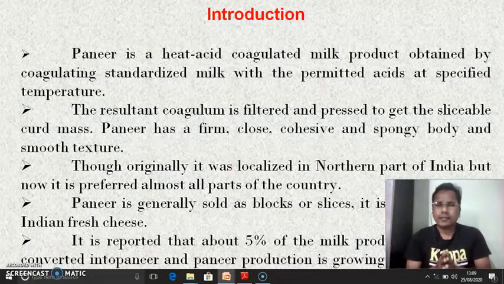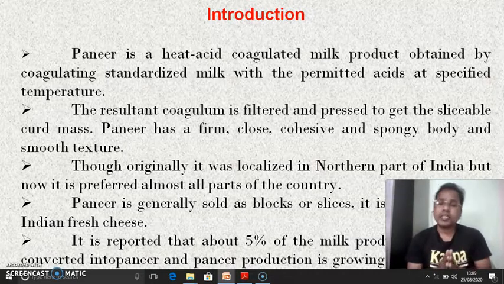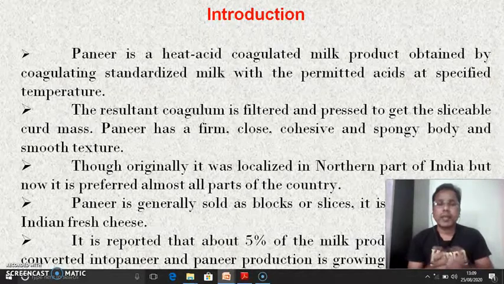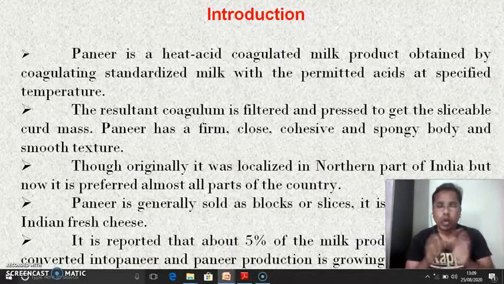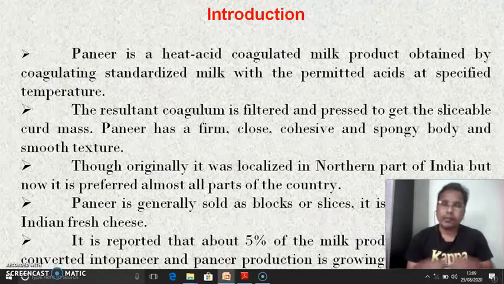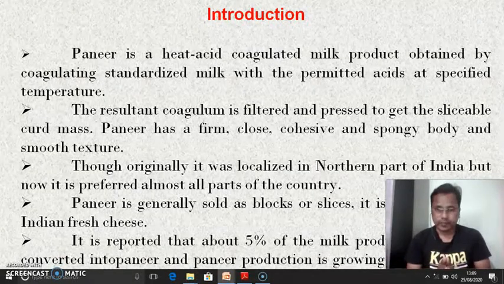Originally, paneer was localized and generally prepared in the northern part of India, but due to the popularity of this product, it has spread all over India, and almost all parts of the country we will get paneer.